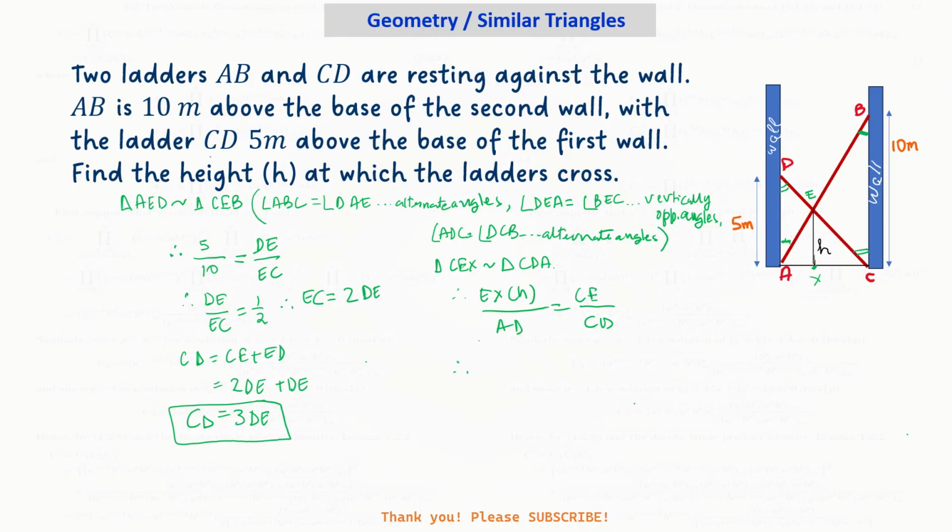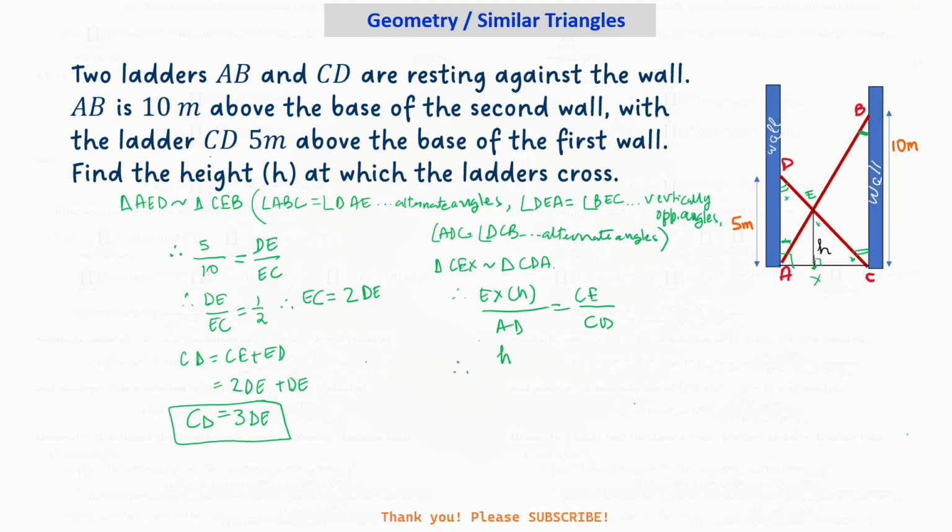Now these two triangles would be similar for very obvious reasons, that these two angles would be equal, and angle C or DCA is common to both the triangles, and this is the height, so this would be 90 degrees, as would be angle DAC.